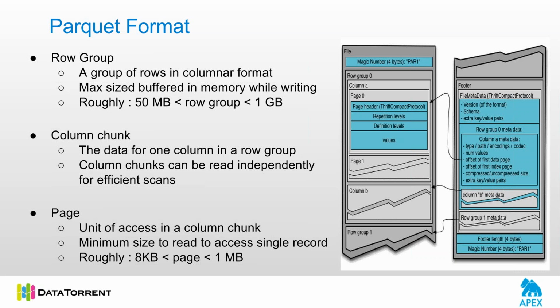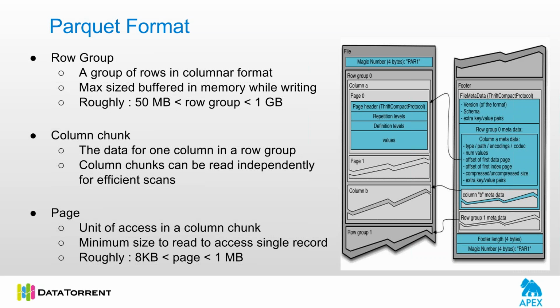Records come to us one row at a time, so we save a certain number of records in memory, compress them, and then flush them to the file. A row group can be referred to as the maximum size that would be buffered in memory while writing. These row groups are divided into column chunks.